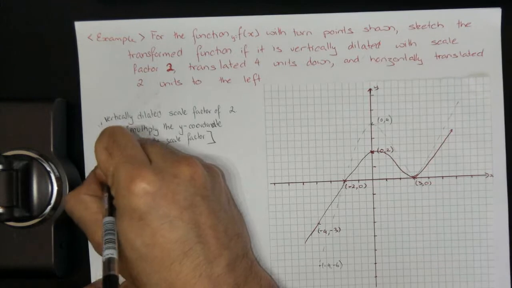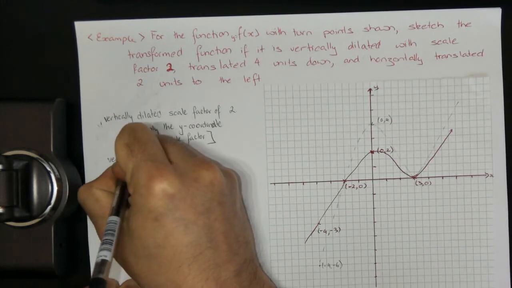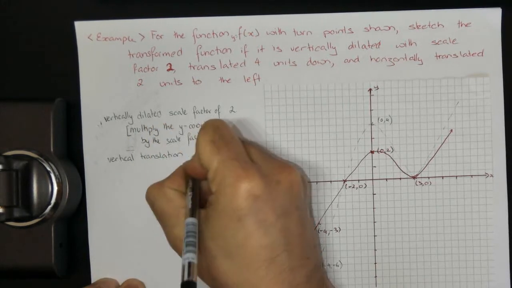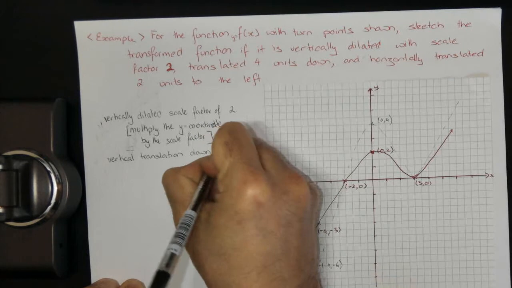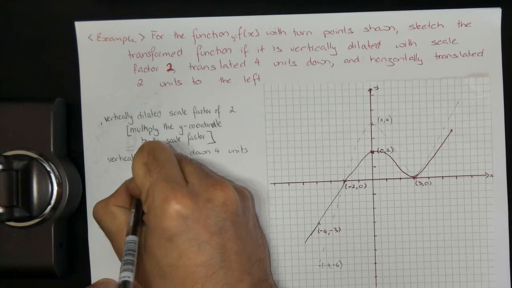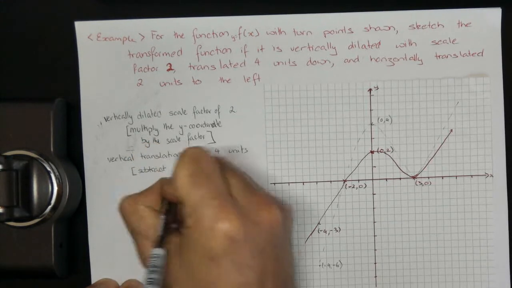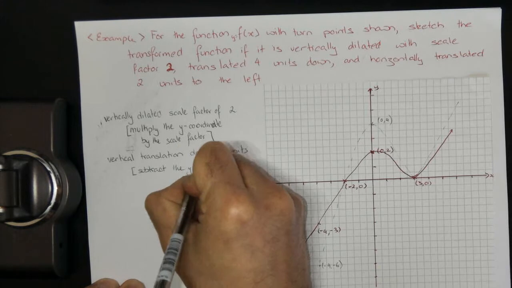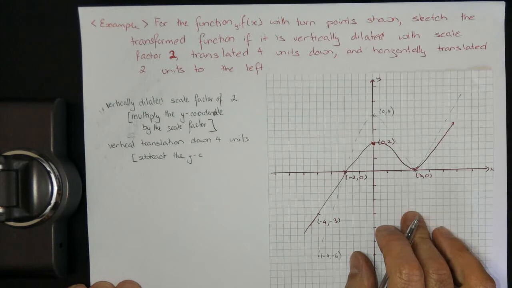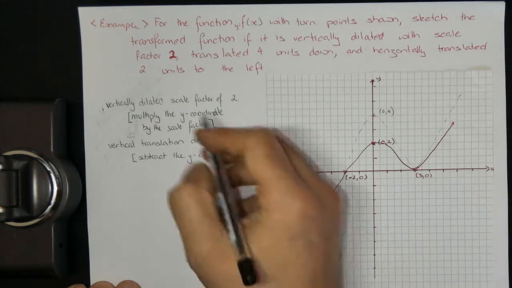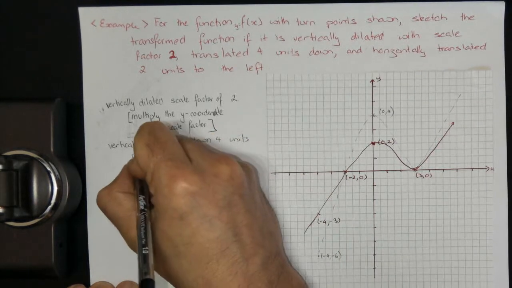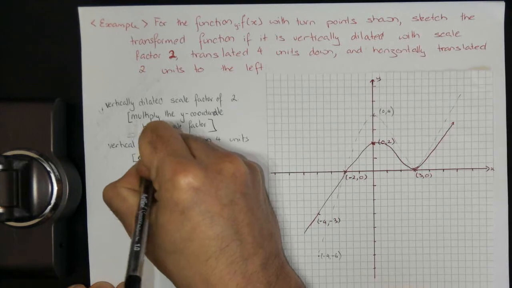So vertical translation is next. So down by 4 units. So we're going to subtract the y coordinates. Or we might want to say we can add the y coordinates, because of -4, then it will come down.